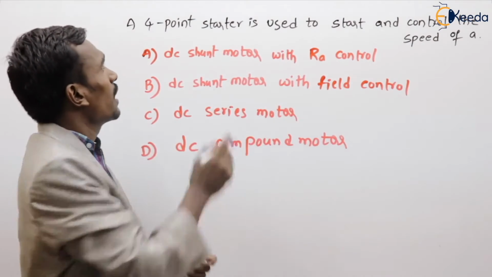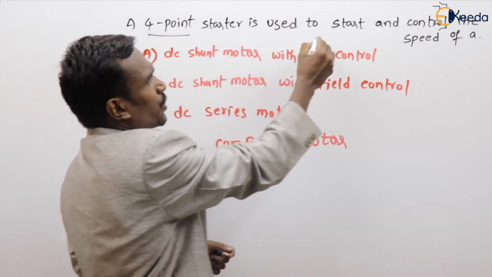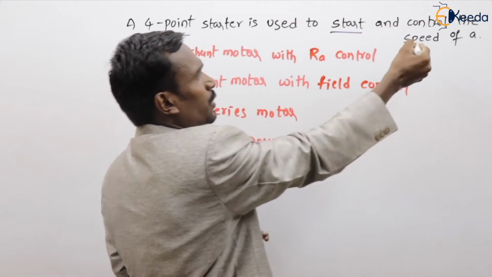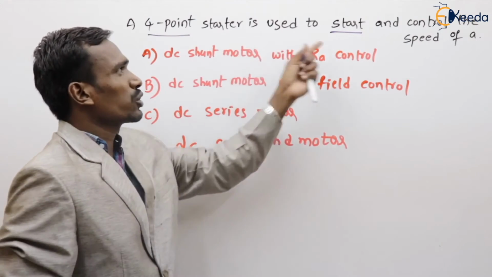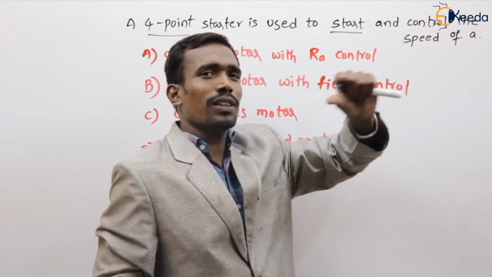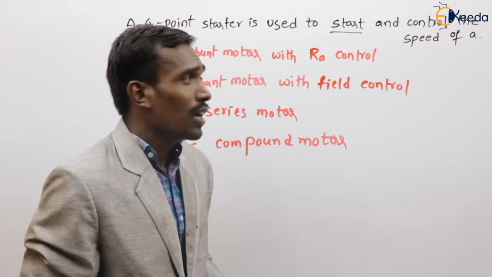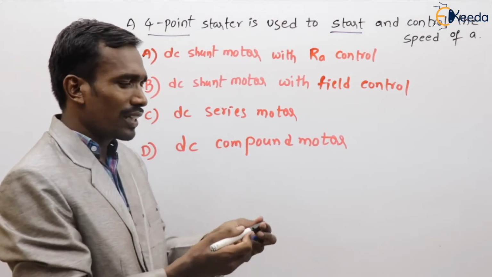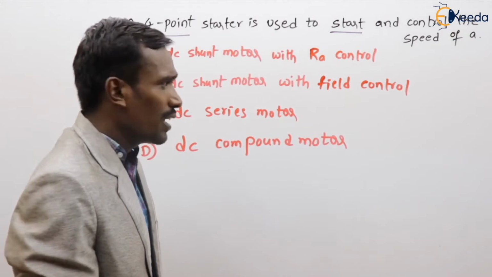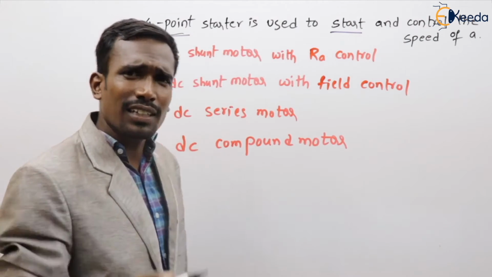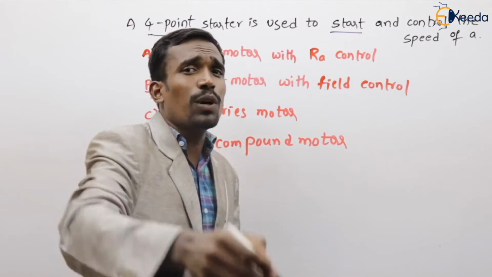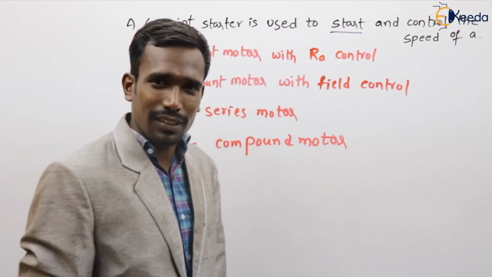See here. A 4-point starter is used to start and control the speed of a motor. Here two questions are there. Generally, a 4-point starter is used to start the DC shunt motor as well as the compound motor.